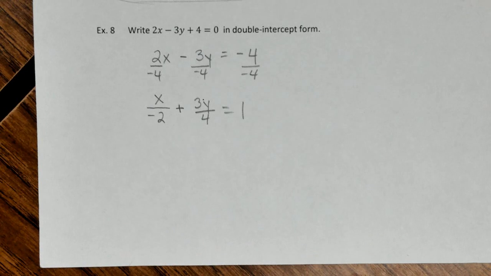But if you take a look at what this form is supposed to look like, it is x over the x-intercept plus y over the y-intercept equals 1. Our y isn't by itself. Okay, so we need to fix that.